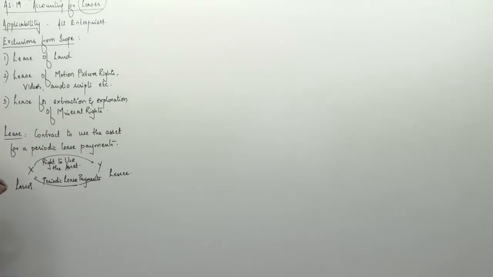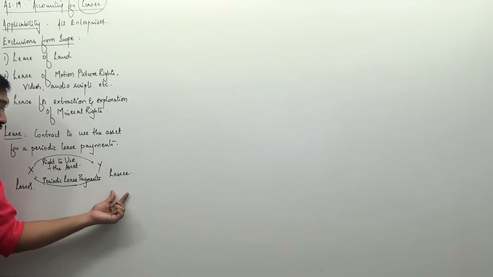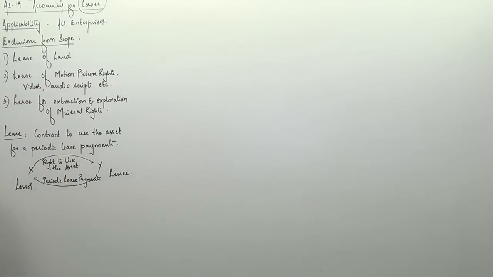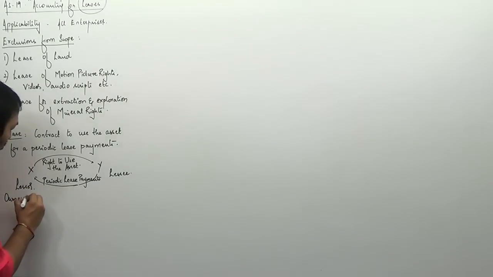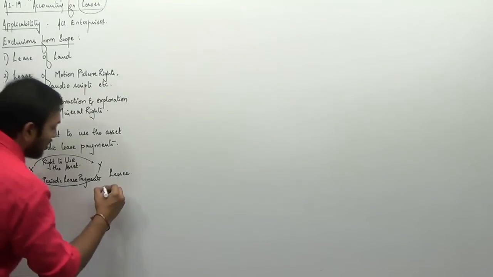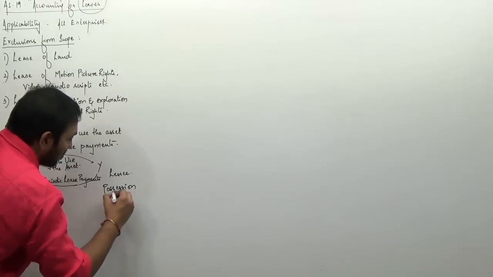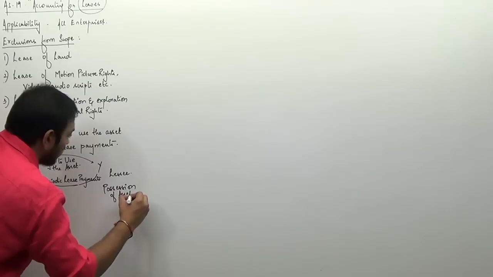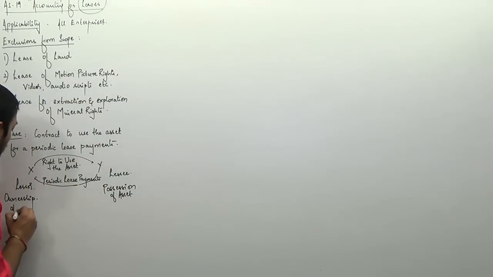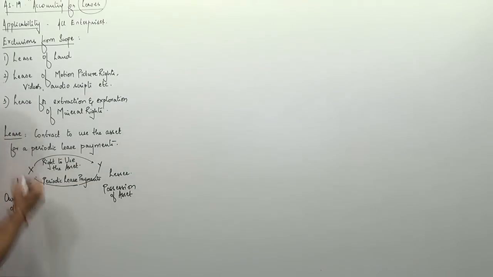If you talk about the ownership of the asset, it is always with the lessor. But lessee has a possession of the asset since he is using the asset in consideration of periodic lease payments. X is the owner of the asset while Y is having the possession of the asset.